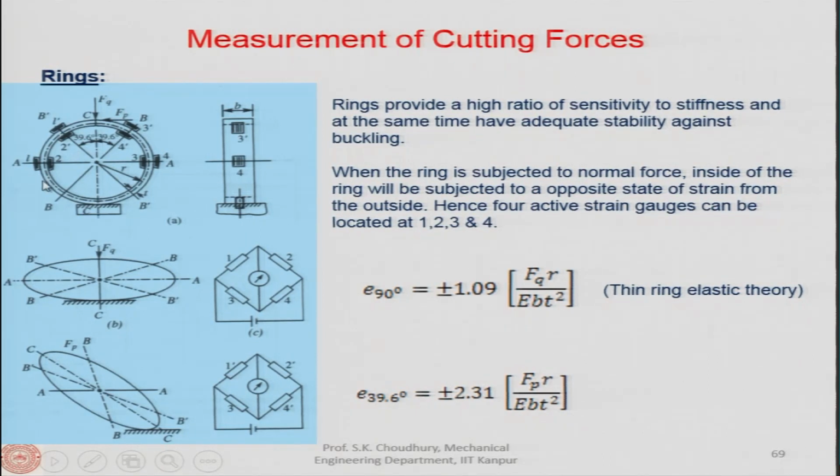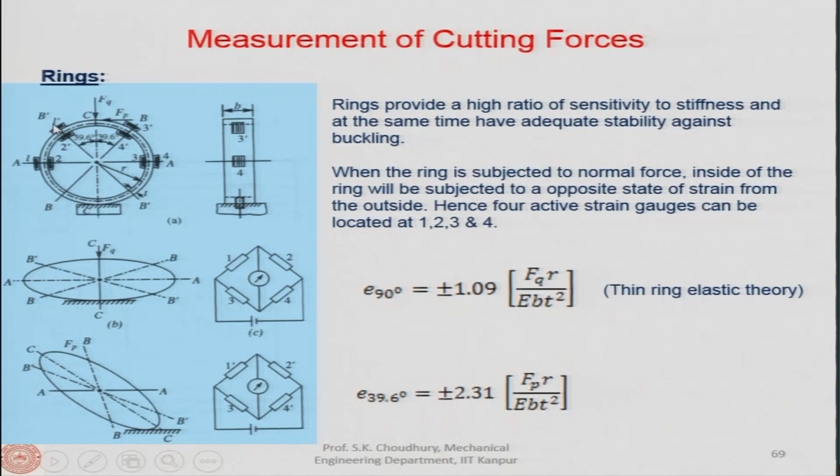So, the AA section in the ring, the B prime section and the B section will have the two sets of 4 strain gauges, that is 1, 2, 3 and 4, and here you can see in the other cross section, other view, these are all the 4. Of course, all 4 will not be visible, and in this view, you can see that these are coming and visible here.